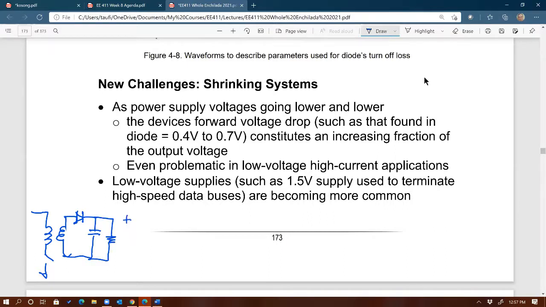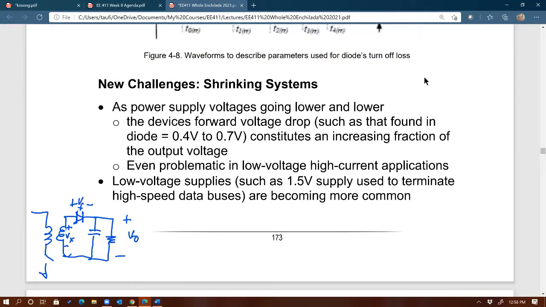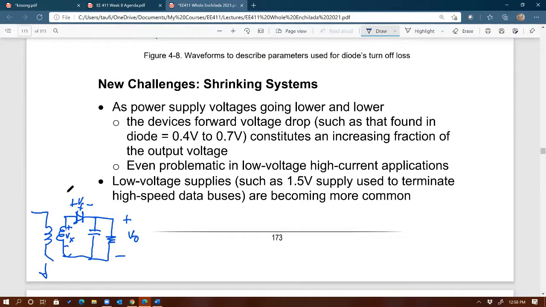And here's our output voltage, and here's our secondary side voltage from the transformer, and here's our diode right there. Let's call this drop voltage VF, right? By looking at this topology, hopefully it becomes clear why forward drop across the diode becomes significant, because look at how the diode is connected to the load. If you do KVL, that's actually in the same loop. So this becomes a problem.